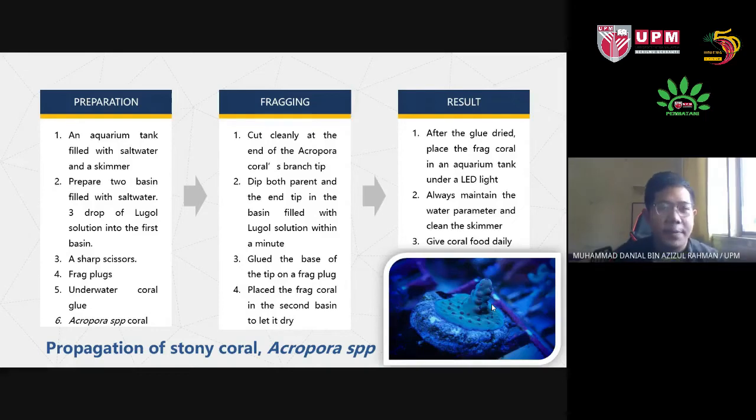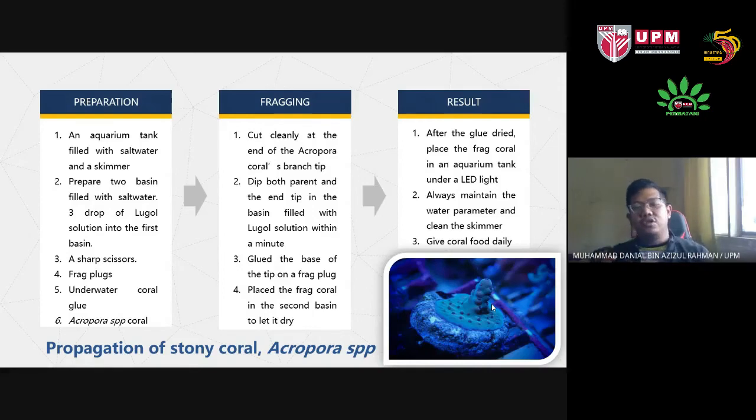The first box is about preparation. You're going to have an aquarium tank with artificial salt water and a skimmer. A skimmer is like a marine filter. Next, prepare two basins filled with salt water. One basin will have three drops of Lugol solution.